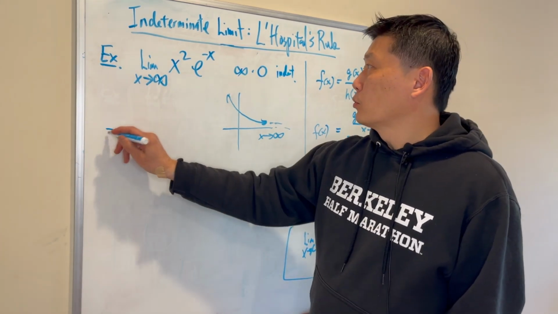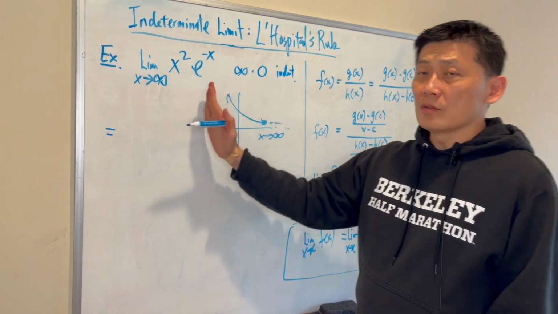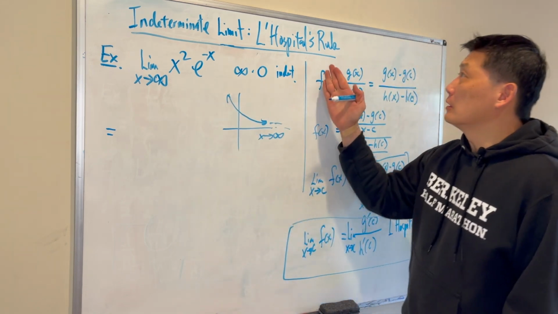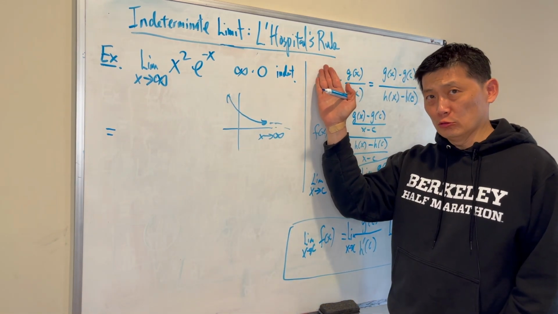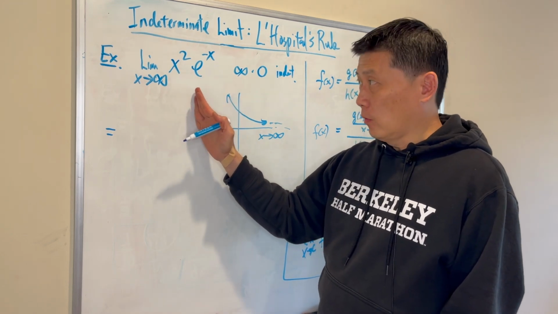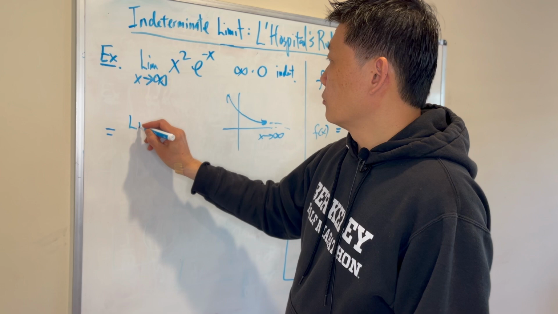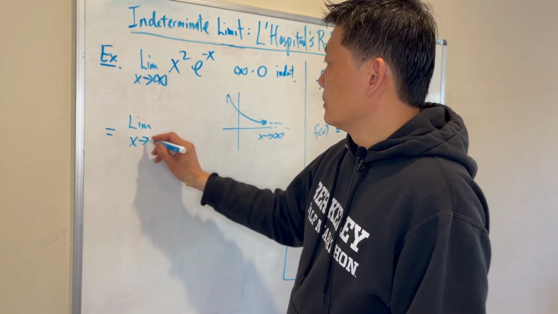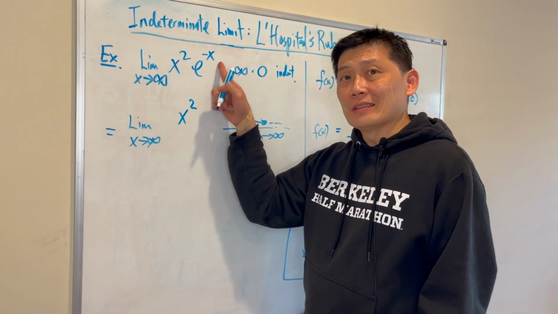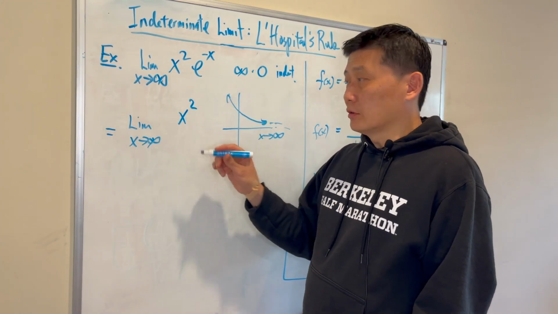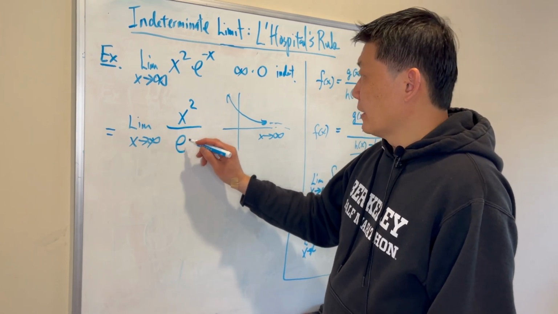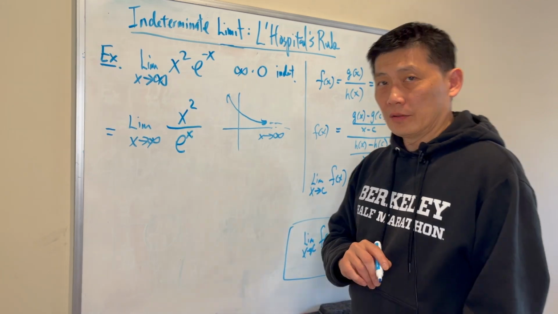So let's rewrite this a little bit, but this is not in a quotient form, so we can't really apply L'Hopital's rule. We have to make sure that this is written in a quotient form. So let's rewrite this in a quotient form. Limit as x approaches infinity, x squared, now e to the negative x is 1 over e to the x, so we can write this as x squared divided by e to the positive x, right?